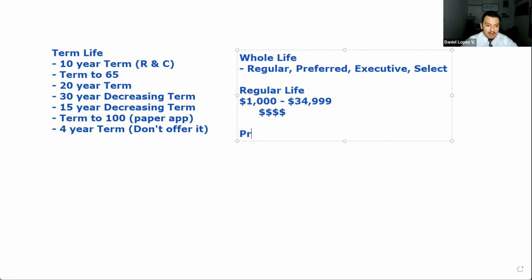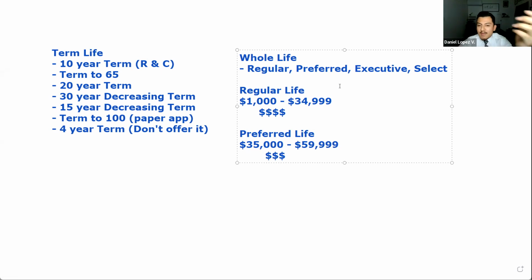Okay. Then is preferred life, which is if you sell anything from $35,000 to $59,999. That is still expensive, but it's better than the regular one per thousand. Now keep in mind, the price from here to here is gonna be pricier as a unit, but it's less expensive per thousand, and we'll break that down in a bit.